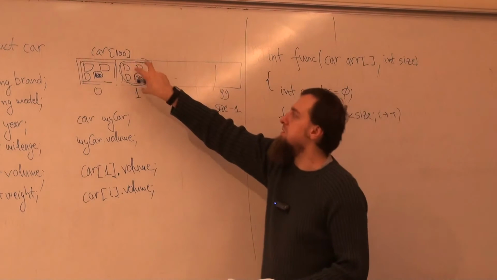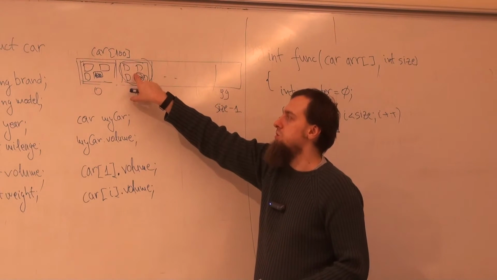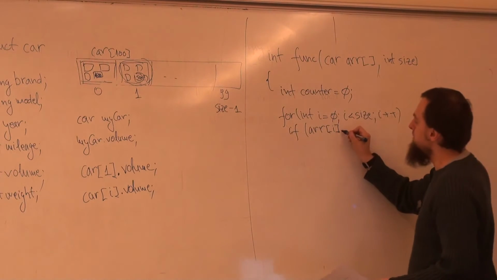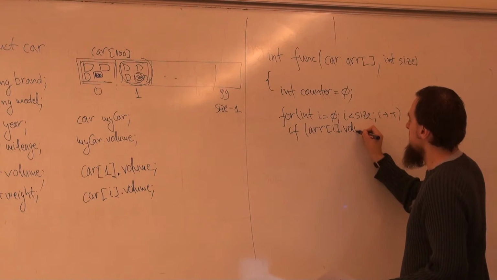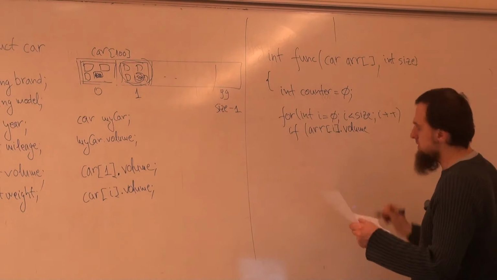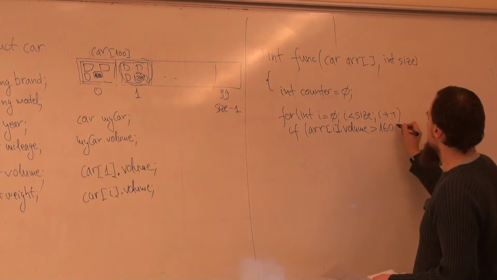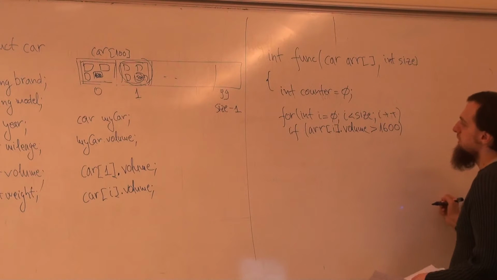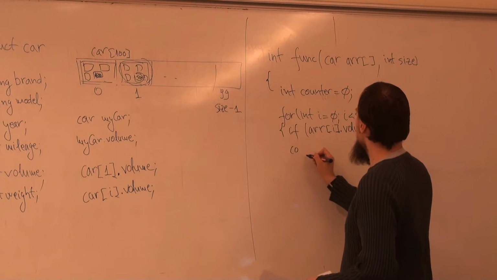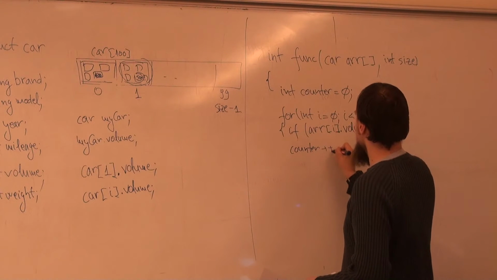Now we want to check its volume. So we have a certain structure here, the car structure. We want to see its volume. So array of i, point volume. If the volume is greater than 1600, then what do we do? We increment the counter, counter plus plus.